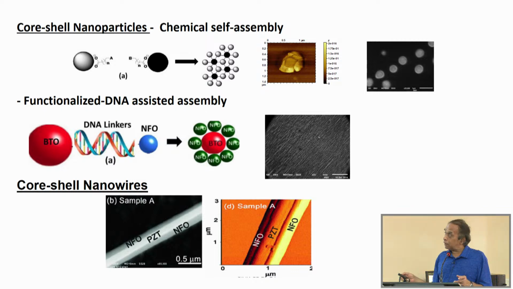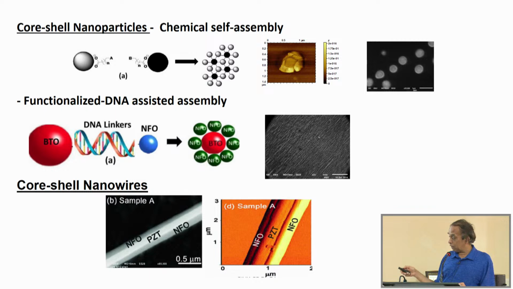We were able to get functionalized DNA linkers. If you unwind the DNA, you get two strands, right? Yale has a lab where they functionalize the complementary strands, and we are able to get that. Then the two strands were attached to the ferrite or the ferroelectric, then you bring them together, then the DNA will hybridize, and that's how the assembly works.